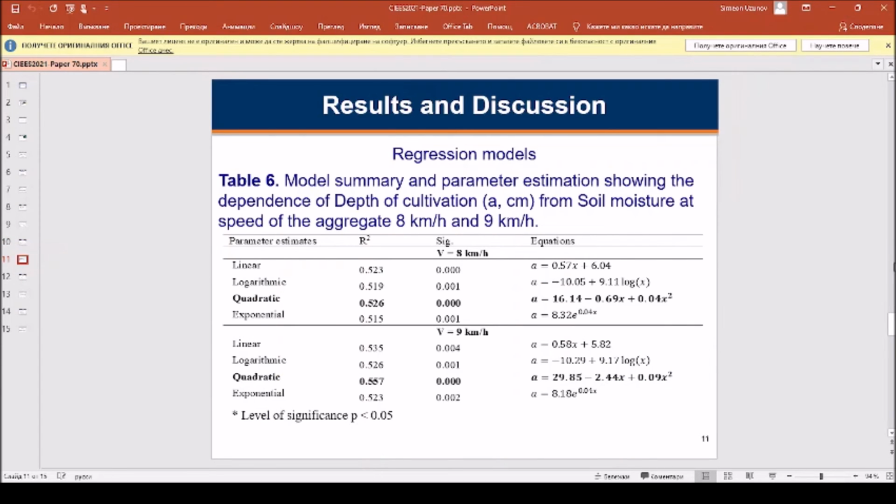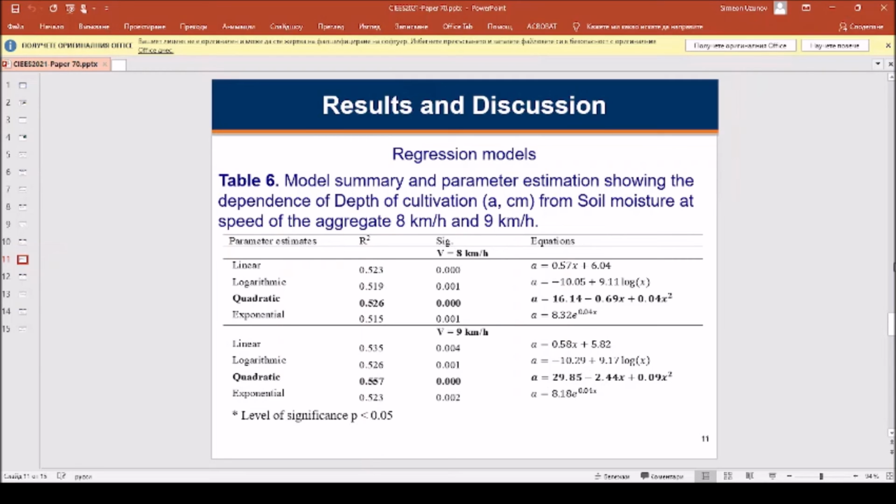Results and discussion. Table 6 presents the regression equations showing the influence of soil moisture on the depth of cultivation at aggregate speeds of 8 km per hour and 9 km per hour. All models are statistically significant at p less than 0.05. The coefficients of determination for both speeds are the highest for the quadratic model.